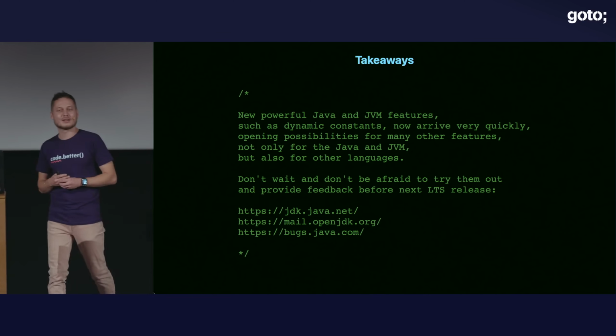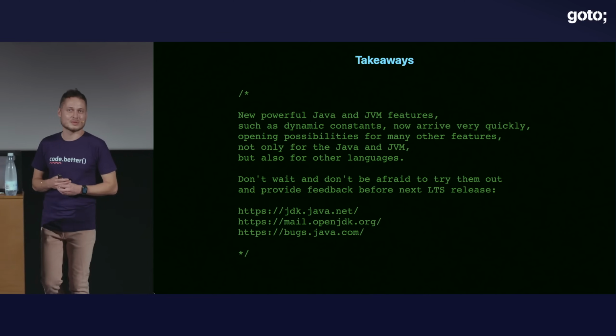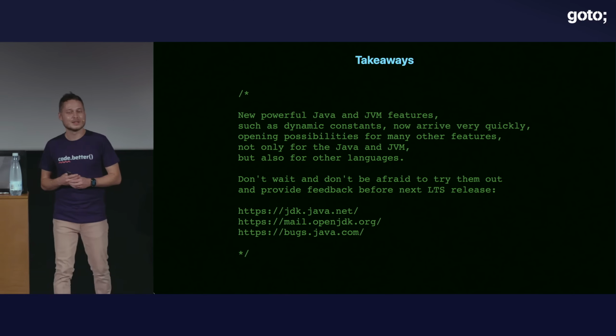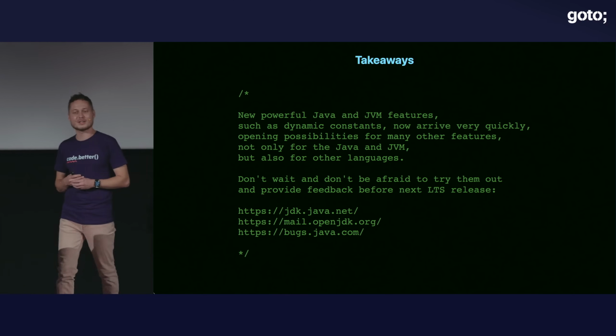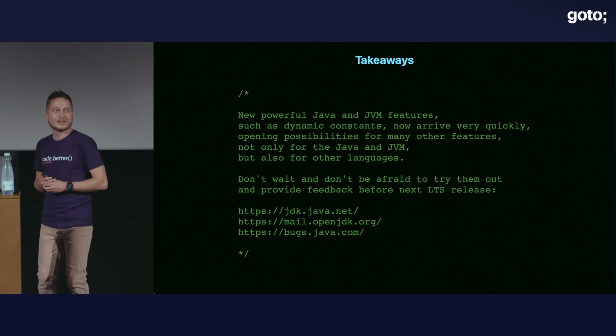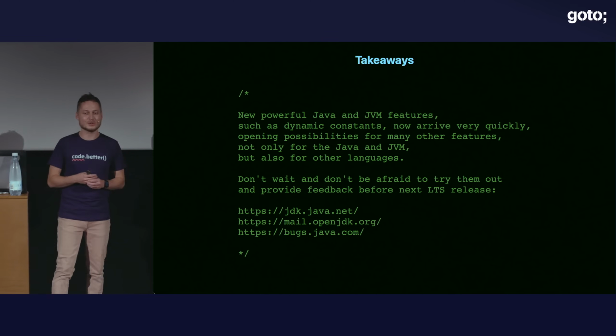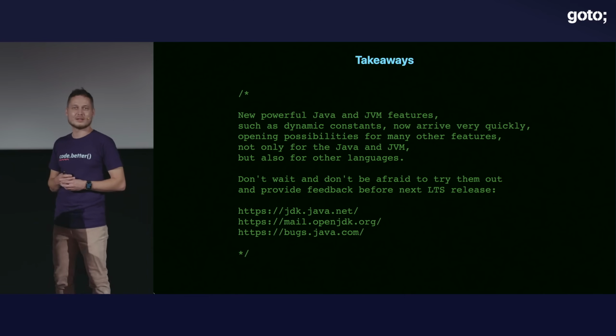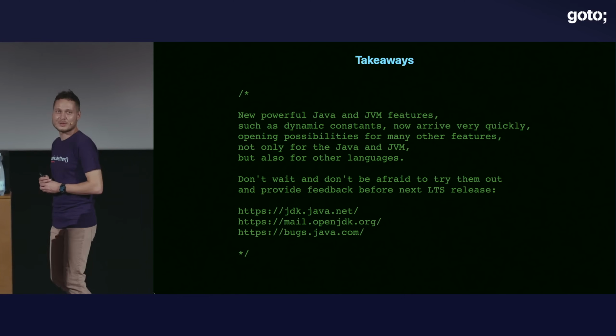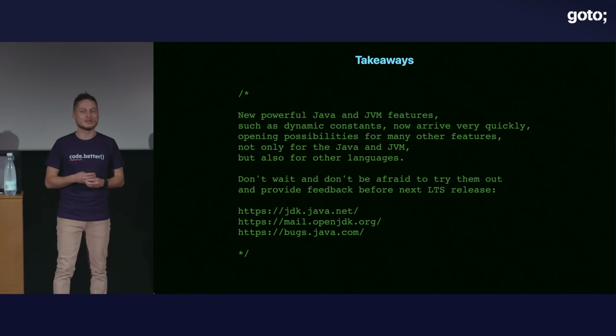They make mistakes. So let's help them. Please don't wait. Don't be afraid to try out new features. And when you try them out, don't be afraid to report any feedback that you get: crashes, bugs, whatever.